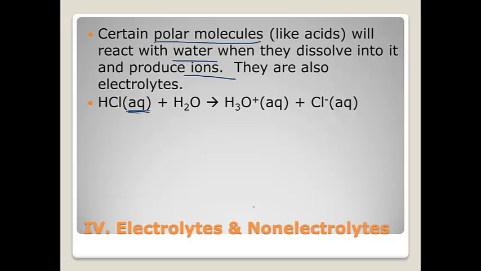What happens? The H2O reacts with the HCl. The H+ comes off of the HCl, reacts with the water, turns into a hydronium ion, and as a result you have an ion left over, which is the chloride. You get two ions, so acids will conduct electricity really well.